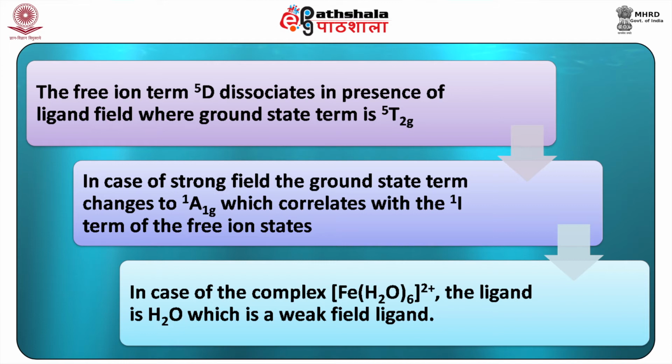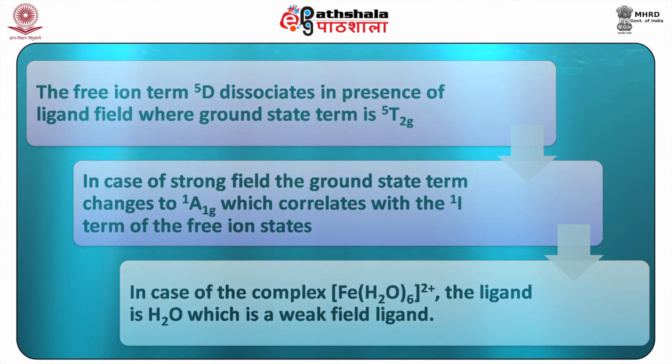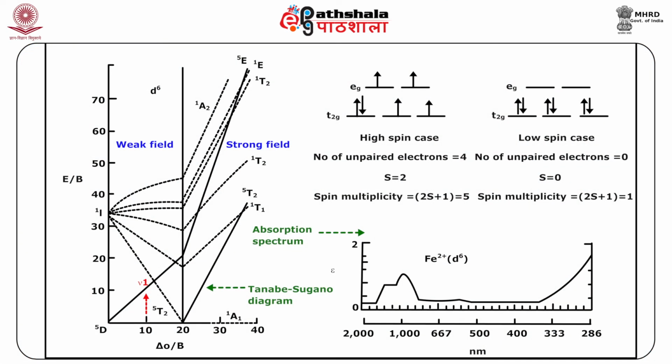In case of the iron 2+ complex, the ligand is H2O, which is a weak field ligand. Thus, looking at the left part of the Tanabe-Sugano diagram, it can be noted that only a single spin allowed transition is possible, from 5T2g to 5Eg.